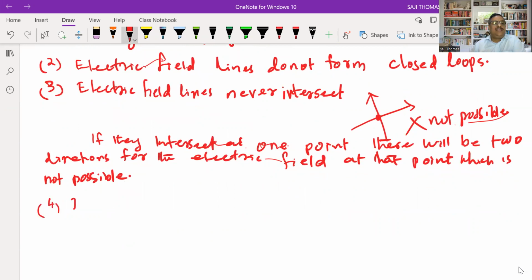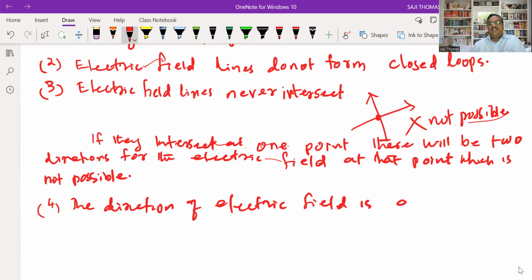So, the direction of electric field is along the tangent drawn at that point.